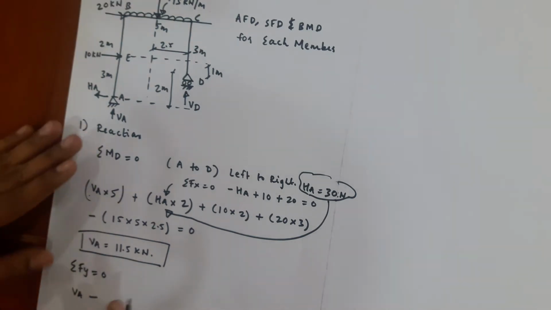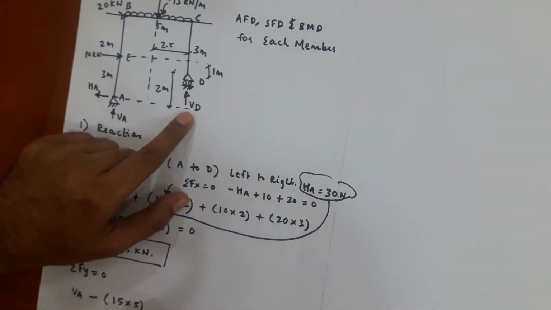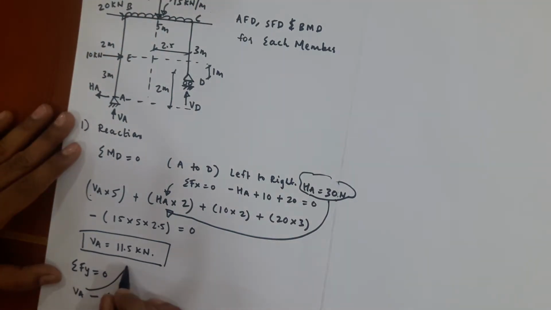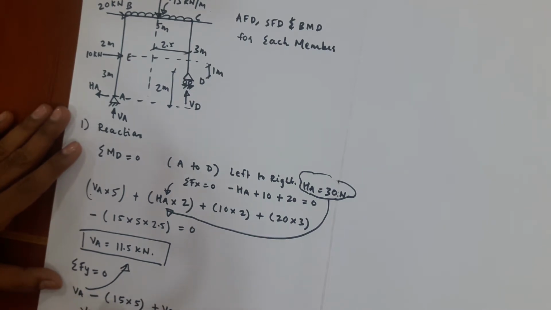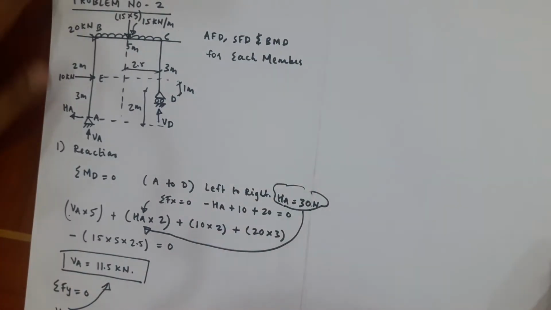UDL is going downward, so we have to take it negative. Total load of the UDL is 15 into 5. Then VD is going upward, plus VD equal to 0. We know the value of VA. Substitute the value of VA here. You will get VD equal to 63.5 kilonewton. So this is how we have to calculate the reactions.